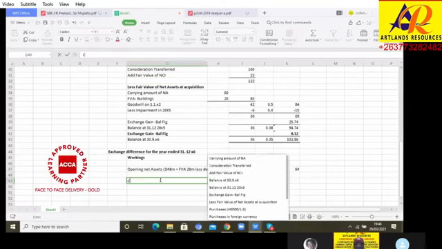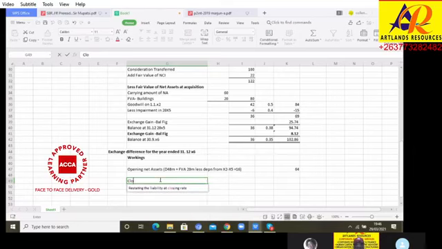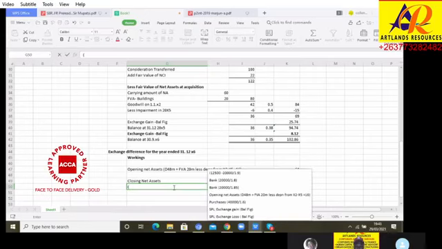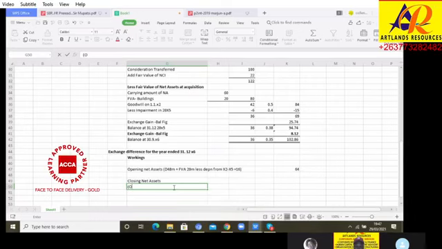Then closing net assets. Notice you started with 64 million opening net assets, and then you made a loss.